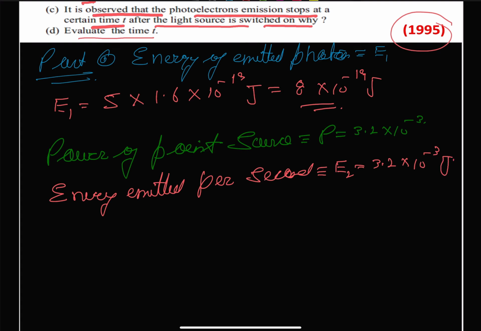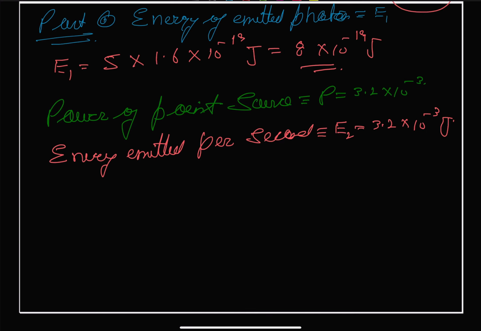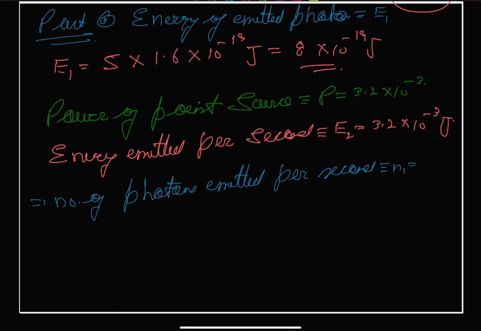So therefore, we can find out number of photons emitted per second. Let us call this N1, which will be equal to E2 upon E1.